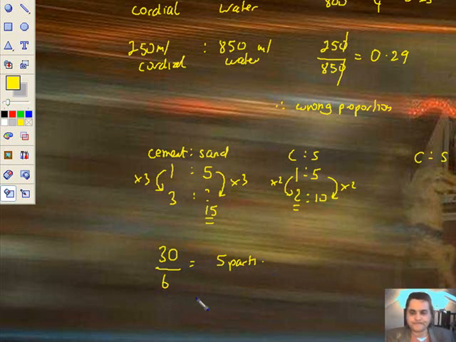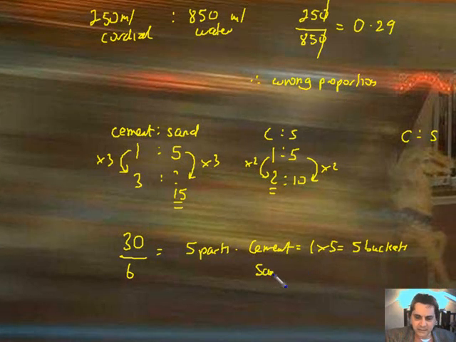Is that alright? Now, therefore, cement is going to be 1 times 5, which is 5 buckets. And the sand is going to be 5 times the 5 parts, which is therefore 25 buckets.